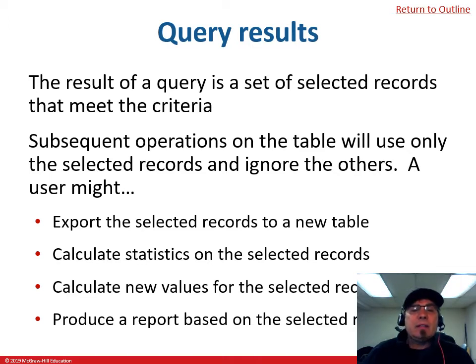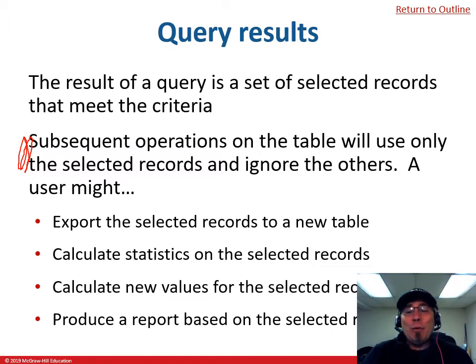Now, this right here is a cardinal rule of GIS. Once you have something selected, any operations that you do on that table will only use the selected records. That's a good thing and it's a bad thing.